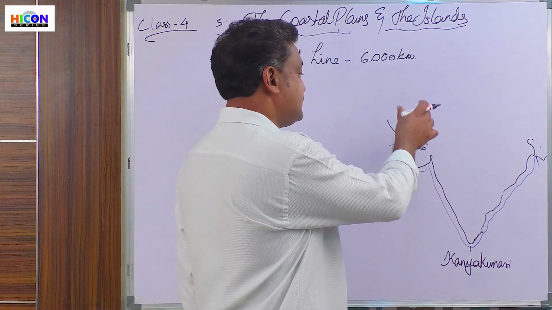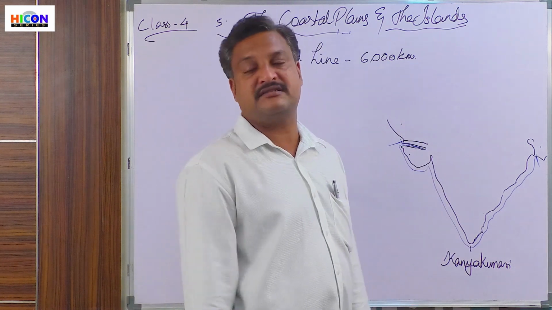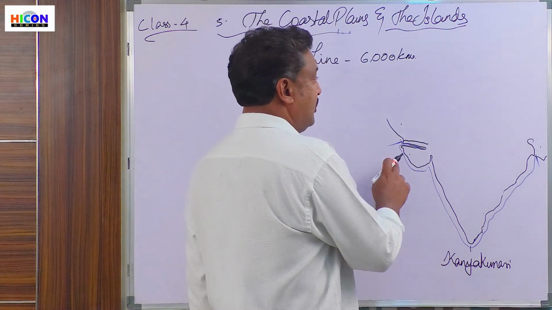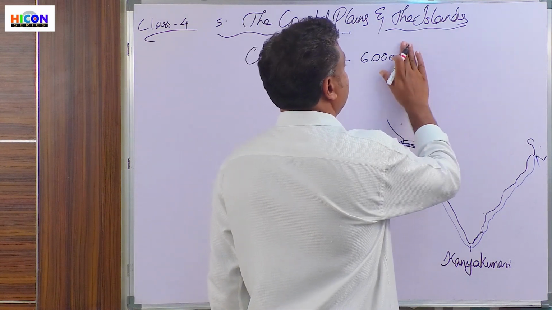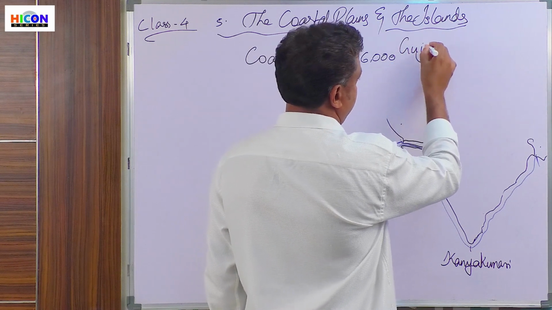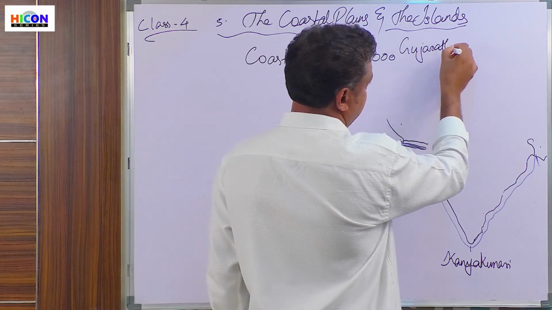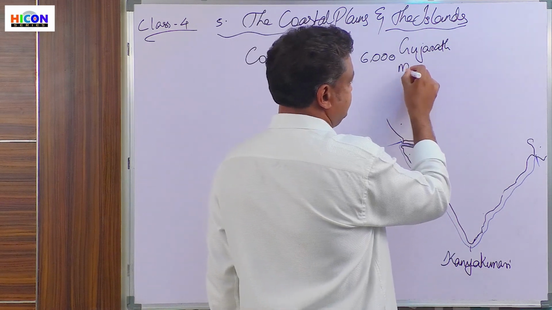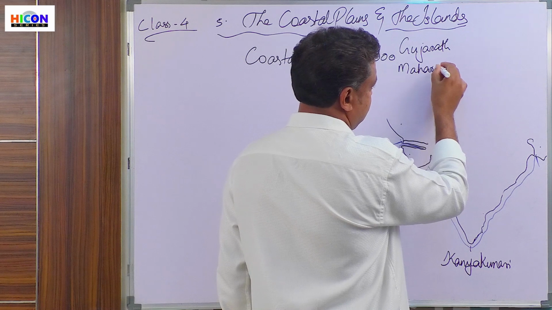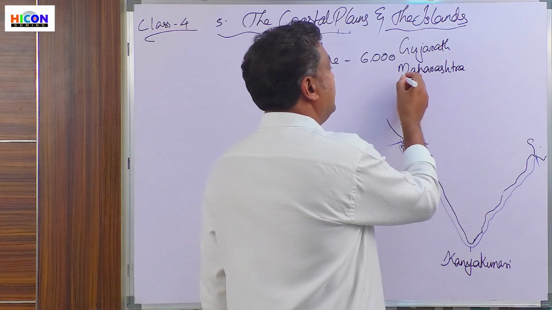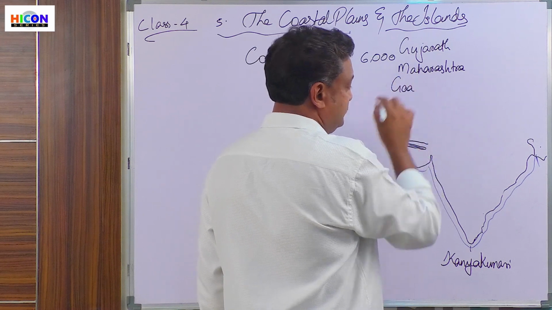So what are the states which come on the western side and share the coastal line? At the top we have Gujarat. Just below Gujarat we have Maharashtra. Then the smallest state, Goa.